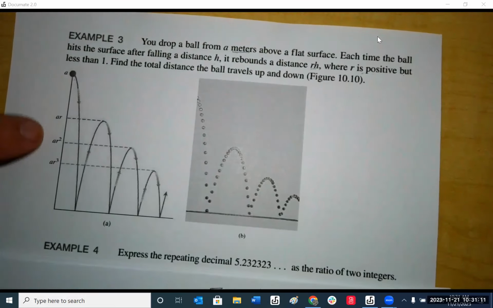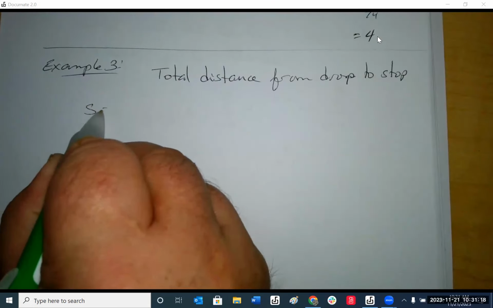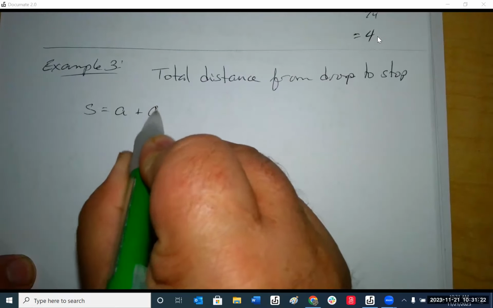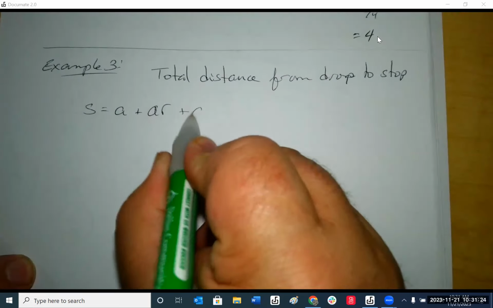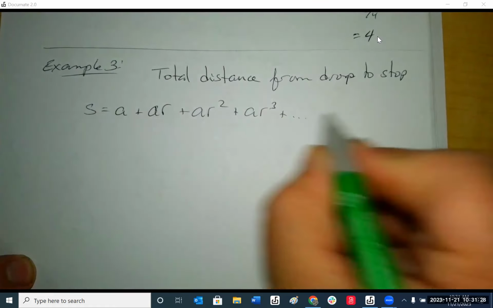So it's AR squared, R cubed. So we know that the sequence is going to be A plus AR plus AR squared plus AR cubed, and so on and so forth.